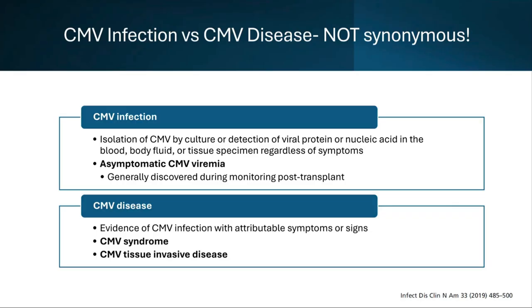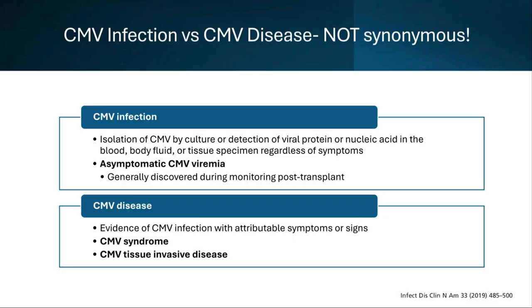When you talk about CMV disease, you have evidence of CMV infection as outlined above, but you also have evidence of symptoms or signs, either CMV syndrome, or CMV tissue invasive disease, which is proven by histopathology.